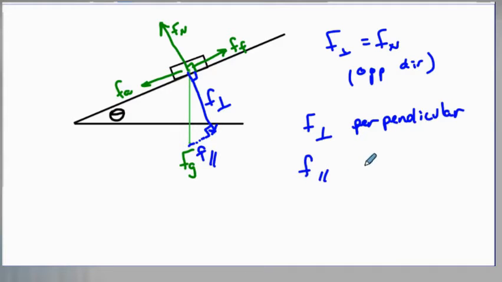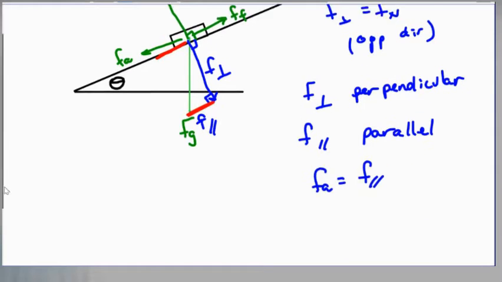And this is parallel. This force here, this parallel, is parallel to the surface. And it is also parallel to the FA, the applied force. So what we see is that our FA is equivalent in this example to our F parallel.